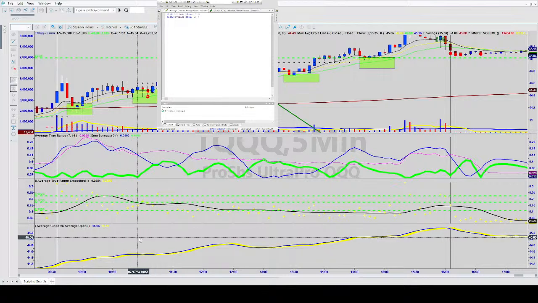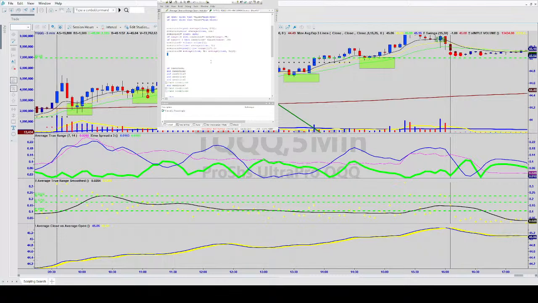And 1, 2, 3 bars ago, 2 is lower. They're not even. Not even. Okay.